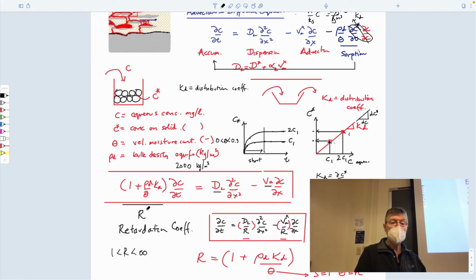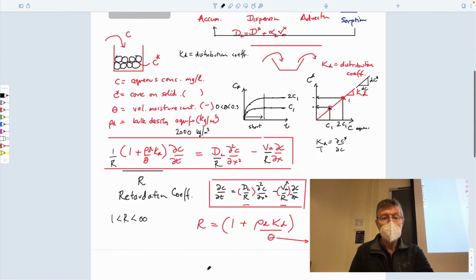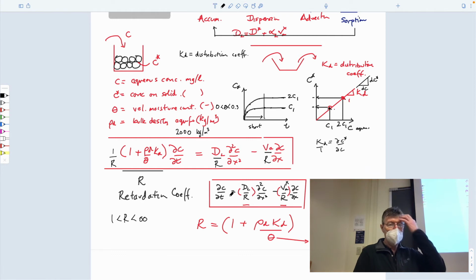So what we could do then is to do what I erased. If we're calling this the retardation coefficient, we could divide both sides through by R, or multiply by 1 over R, which is what this is. And if we do that, then R times 1 over R means that this term becomes 1, and we get this final equation down here.